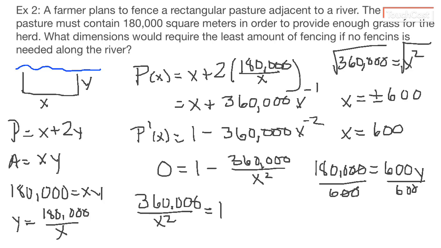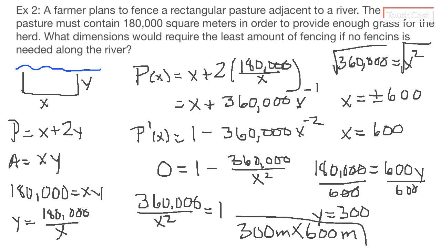We're going to find that 1,800 divided by 6, y is going to equal 300. So what that means is the dimensions of the pasture are 300 meters by 600 meters. And that's what we needed to do.